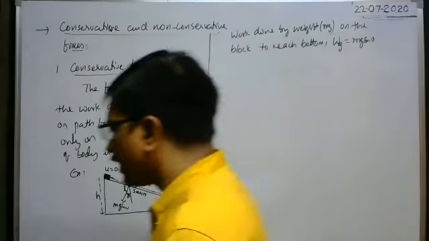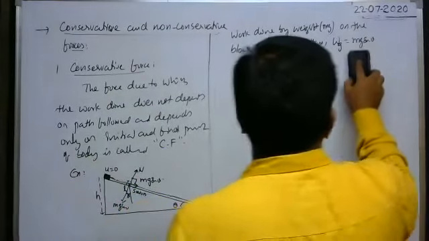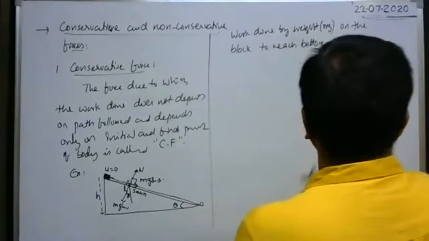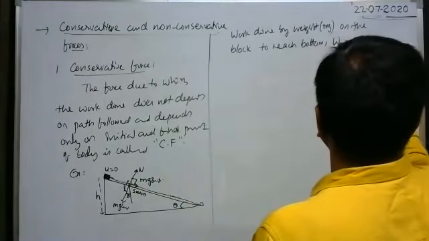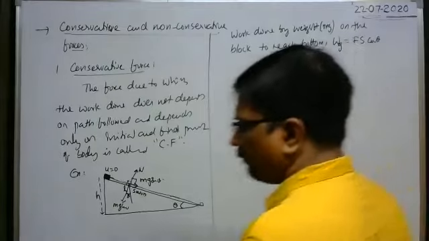Of course, first you write the general formula, Fs cos theta. Work done by the gravity on the body is equal to force into displacement into cos theta.